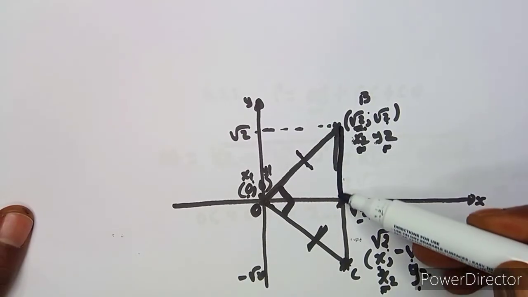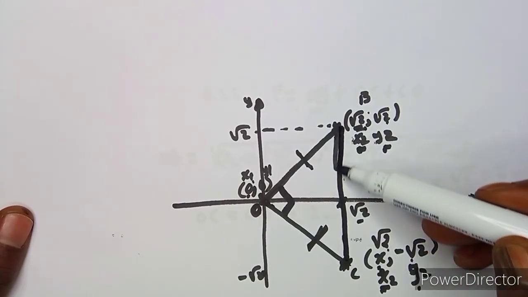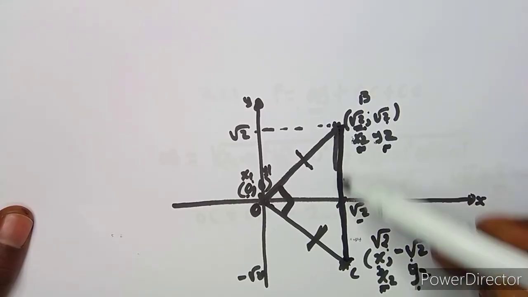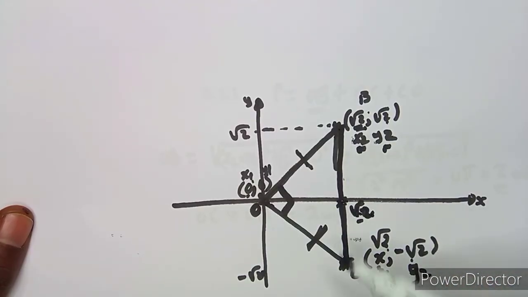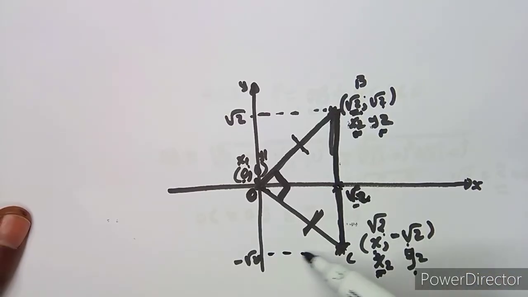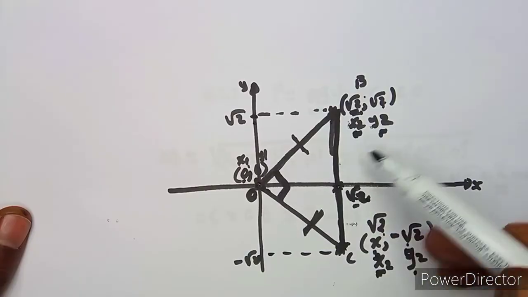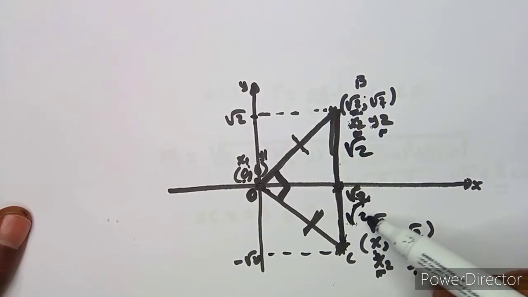Also, if you have a sketch like this, you are going to see that from B to C, this is a straight vertical line because we've got the same value of x here, which is the square root of 2. So we just need the distance from this point to this point. It's the square root of 2 here, and from this point to this point, it's the square root of 2, even though it's negative, the distance is the square root of 2.